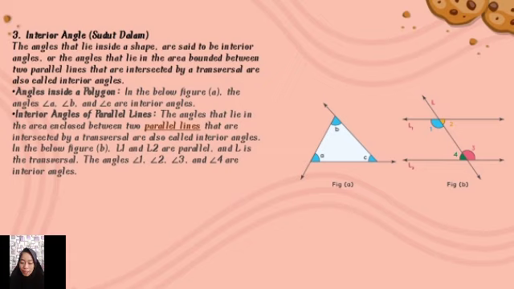The angles that lie in the area enclosed between two parallel lines that are intersected by a transversal are also called interior angles. In the below figure B, L1 and L2 are parallel, and L is the transversal. The angles angle 1, angle 2, angle 3, and angle 4 are interior angles.